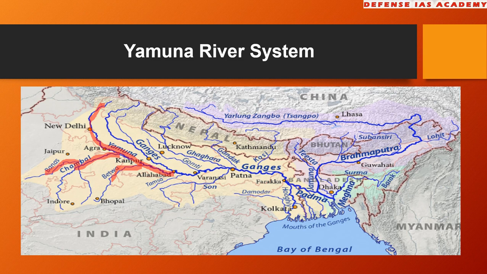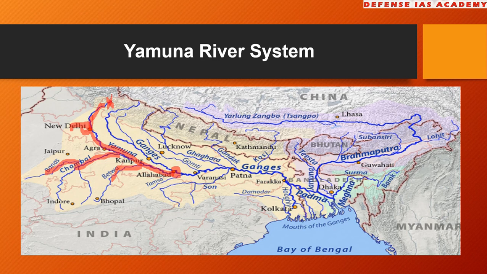All these are the major tributaries of the Yamuna, and the Tons is the largest tributary of Yamuna. You can see that it covers the states of Delhi, then Uttar Pradesh, Haryana, Rajasthan, and Madhya Pradesh. So here it meets Ganga or the Ganges.